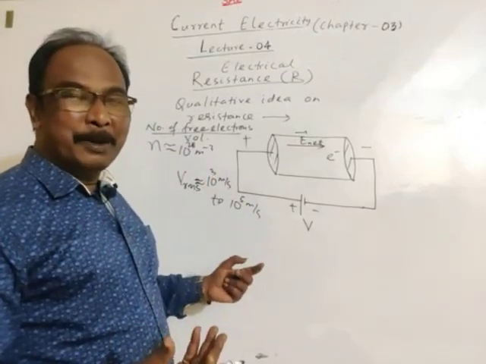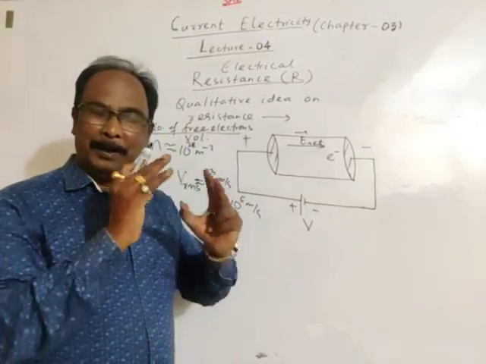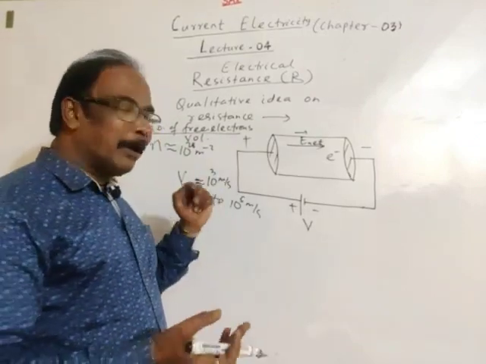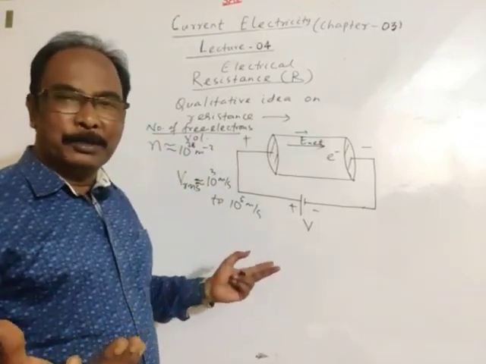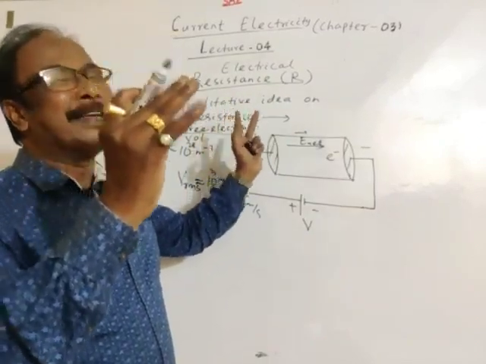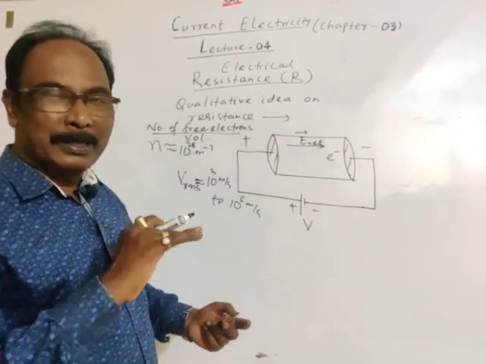But the average velocity of the free electrons is 0, because the electrons move randomly in all possible directions.